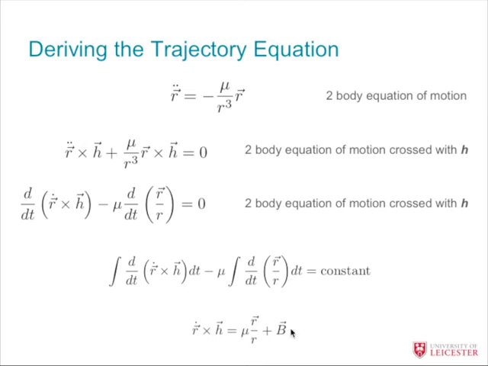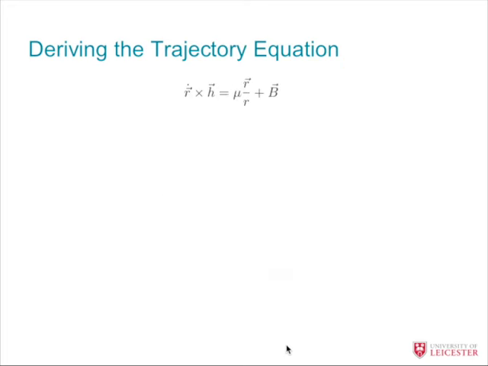So just to be clear, b is the constant of integration that we get from doing this integration, but a constant of integration can be a vector, because a vector is just 3 scalars multiplied by 3 unit vectors. So that's perfectly reasonable result. So that's what we've got now.